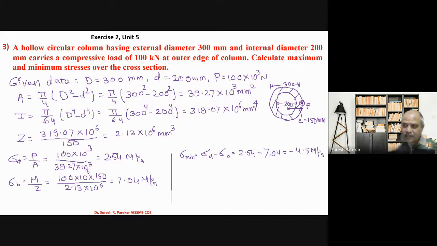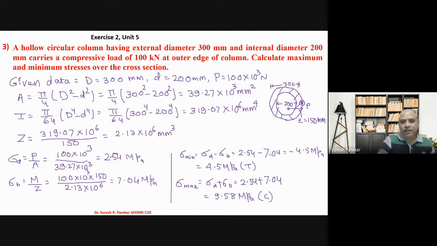That is, sigma minimum is equal to 4.5 MPa, but this value is tensile. And sigma max is sigma d plus sigma b, that is 2.54 plus 7.04, and we have this value equal to 9.58 MPa, and that will be compression.